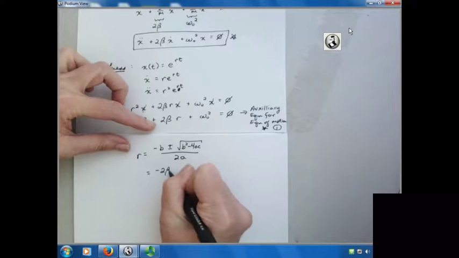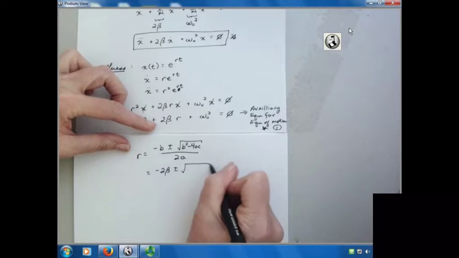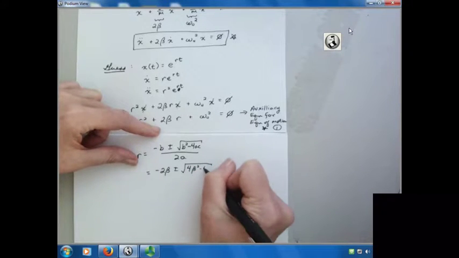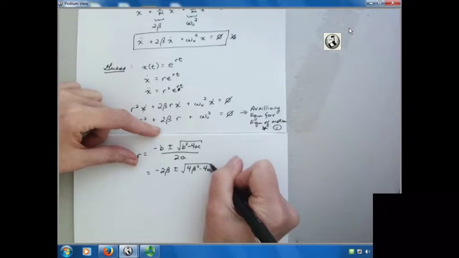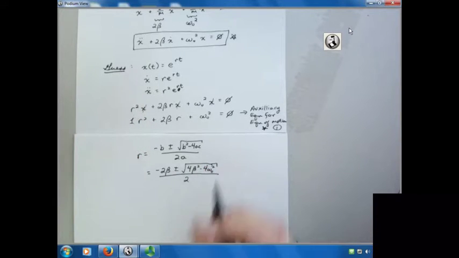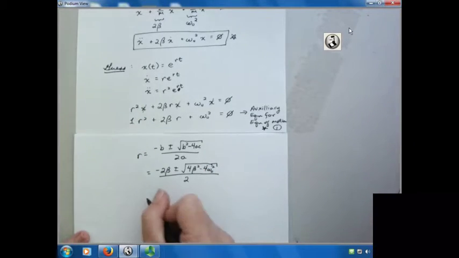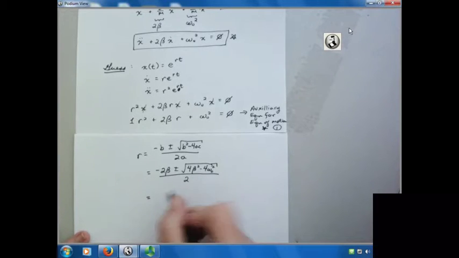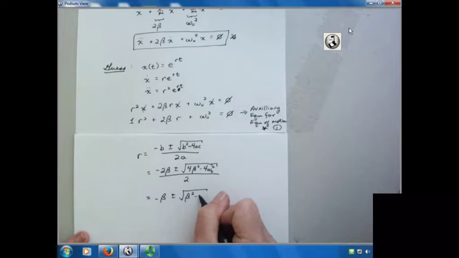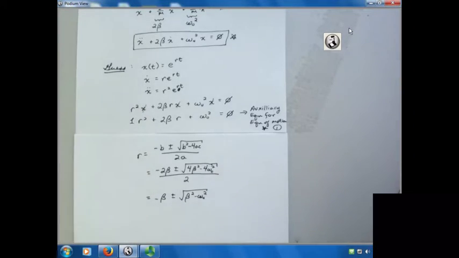Negative 2 beta plus or minus the square root of 4 beta squared minus 4 omega naught squared, all over 2. Okay. And r then must be equal to negative beta plus or minus the square root of beta squared minus omega naught squared.